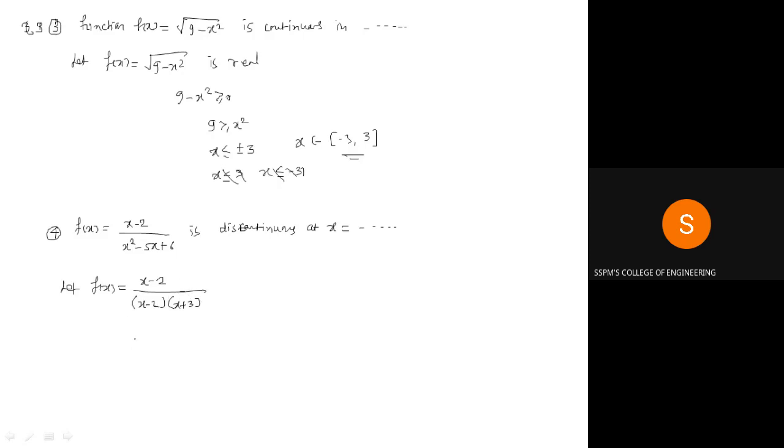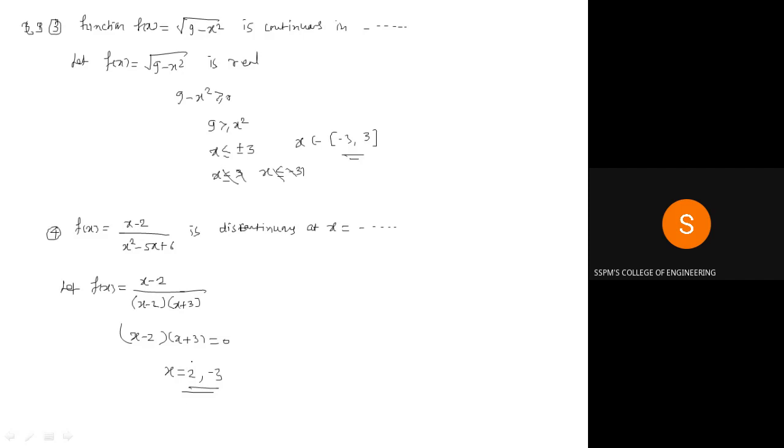So x minus 2 into x plus 3 is 0, which means x is equal to plus 2 and minus 3. At these points the value of the function will become infinite. So f of x is discontinuous at x is 2 and minus 3.